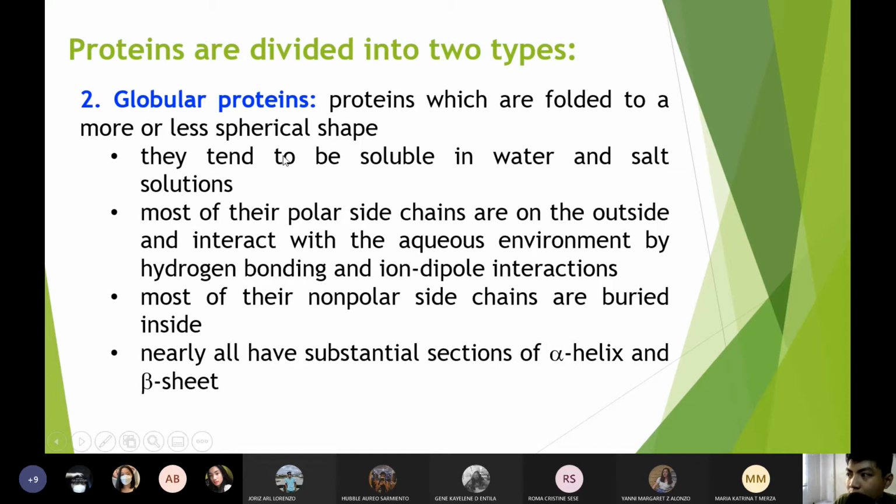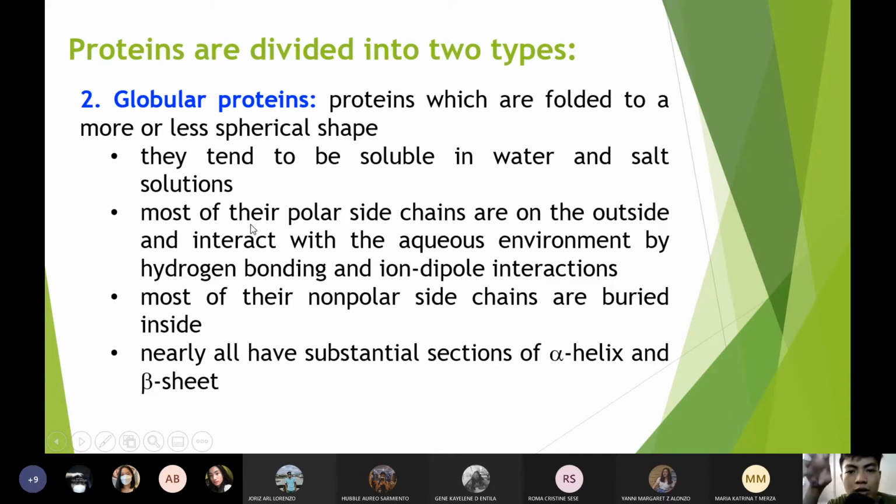They tend to be soluble in water. Why are they soluble in water? The thing with globular proteins is that their non-polar amino acid residues are inside the protein.